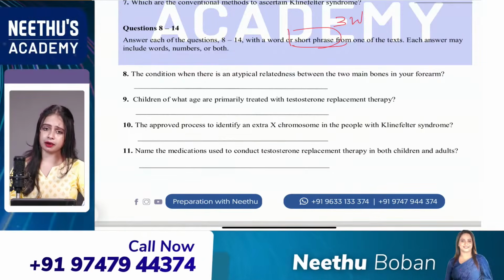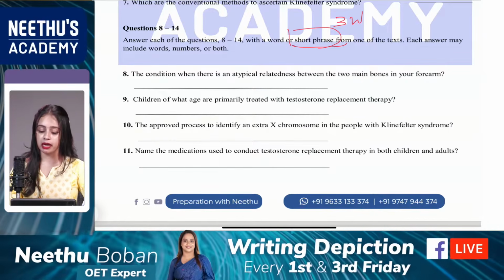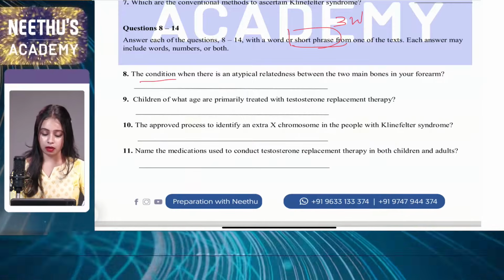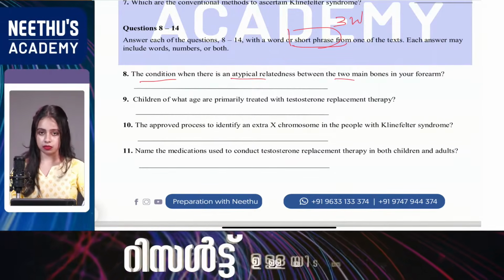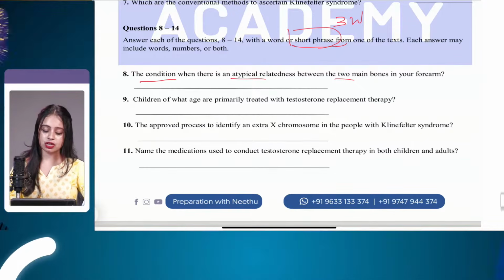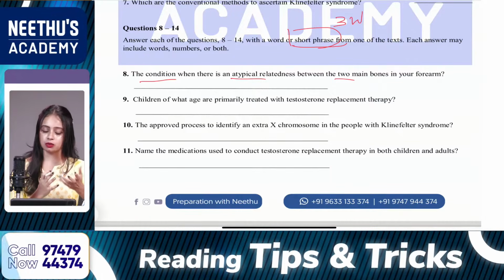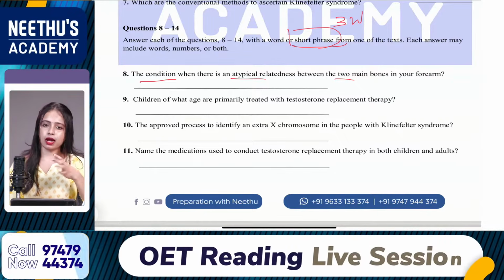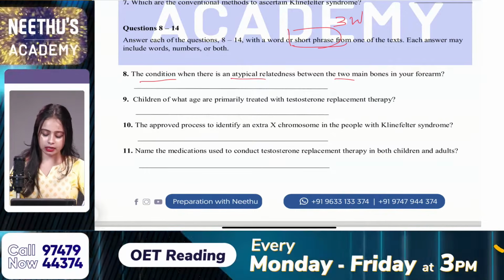My keywords: condition, atypical, 2. Clear? The condition when there is an atypical relatedness, correlation, association. Atypical means not common, uncommon, right? So what is the correct answer here?